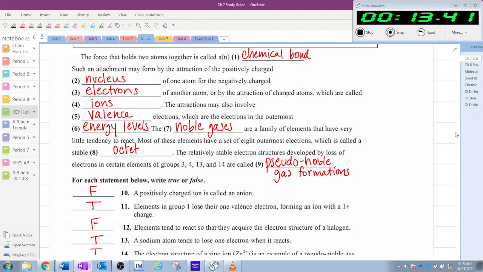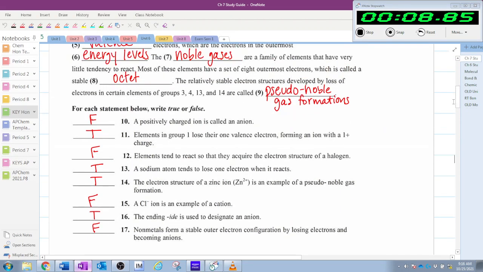Oh, forgot to scroll, of course. Here, let's get the rest of that true false up. Come on. All right, so there's the bottom of that side.